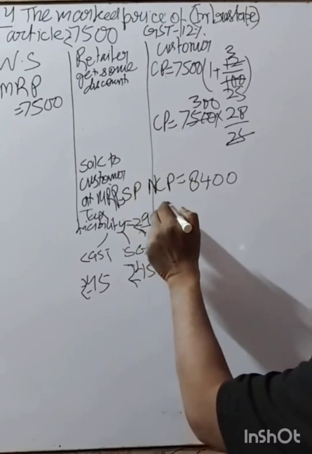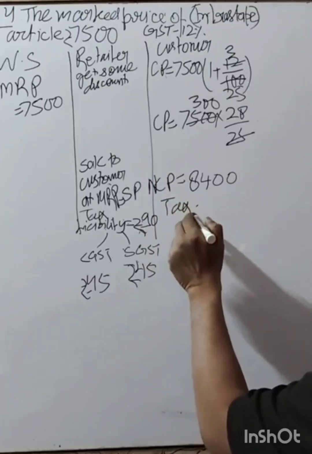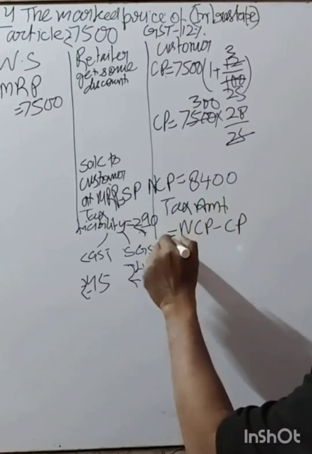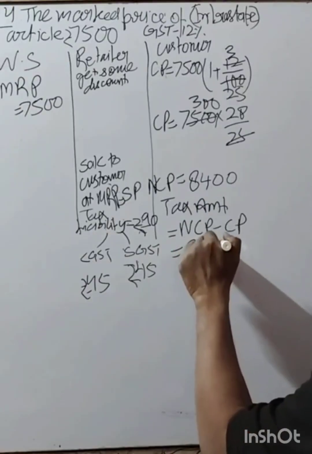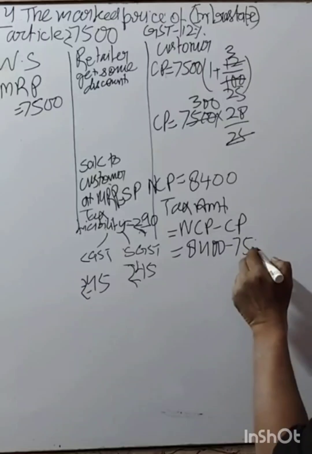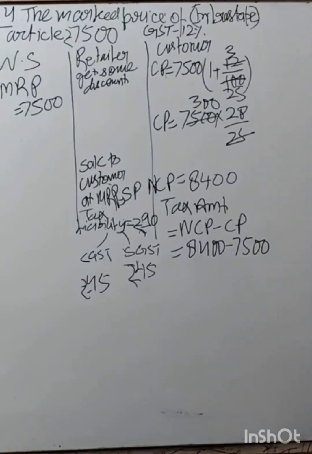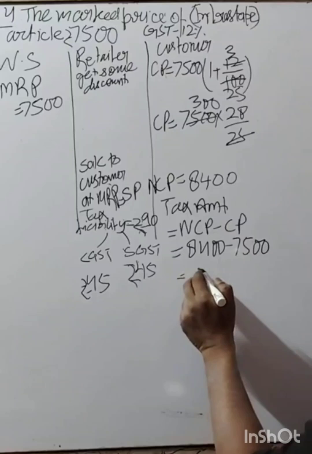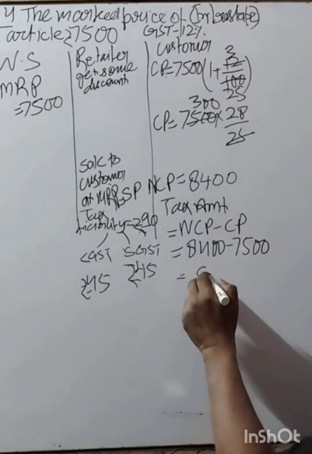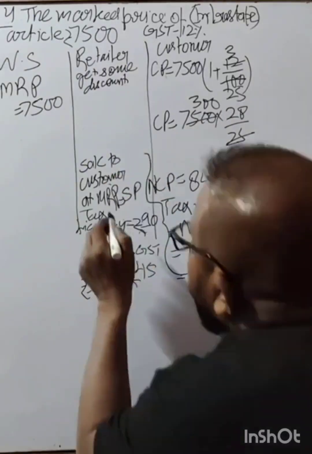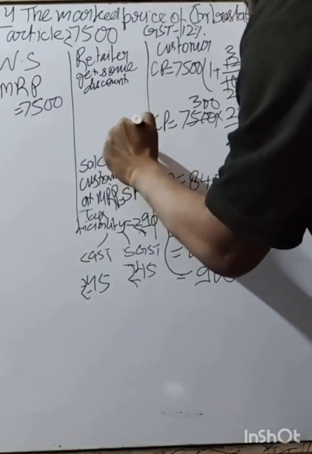So the tax amount is net cost price minus cost price, 8,400 minus 7,500, which is 900 rupees. This is the output tax.